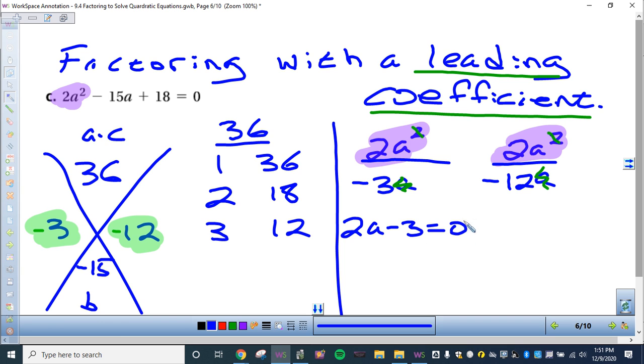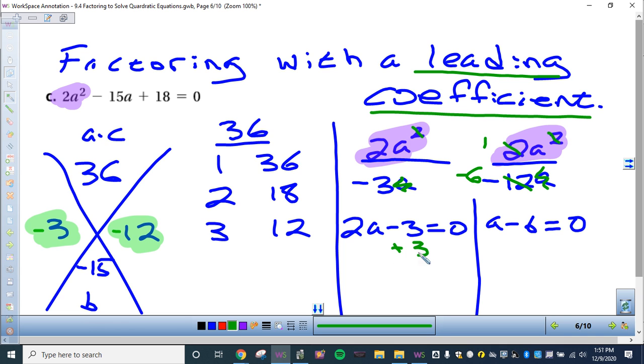Again, I'm just going to set it equal to 0. And 2 and negative 12, you can divide 2 into both those, top and bottom, and you get negative 1, or positive 1 over negative 6. So our second parenthesis is just a minus 6 equals 0. Okay, first one you should get 3 halves, second one you should get positive 6.